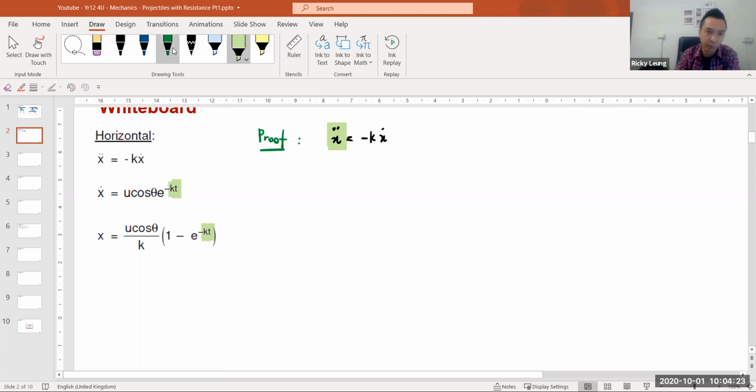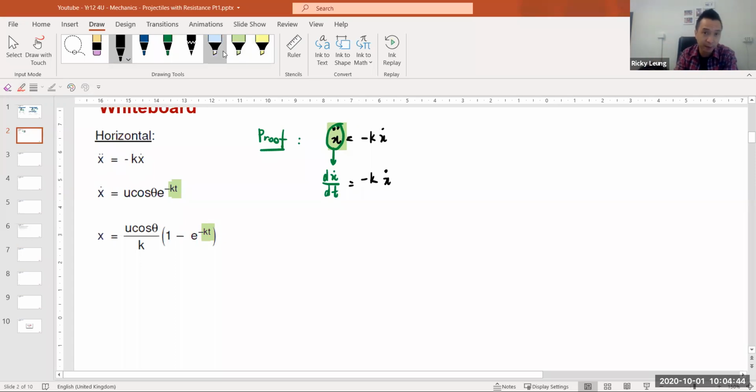For this one, because we want everything in terms of t, it's dv/dt equals negative k v. Yep, it's negative because it's always against the motion, resistance.